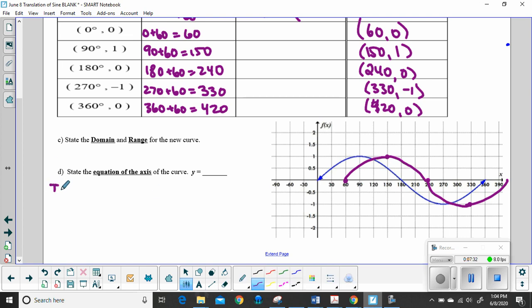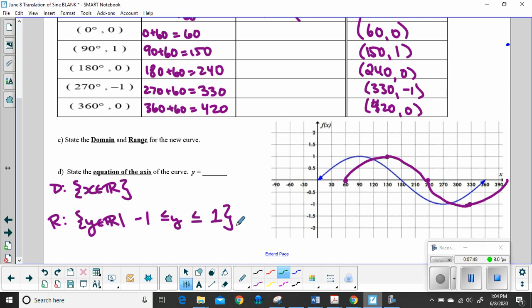So my domain, x is any real number. My range, y is any real number such that minimum, I didn't change, so it's -1, less than or equal to y, less than or equal to our maximum, which is 1. Right? Remember, there's my min. There's my max. Haven't changed those.